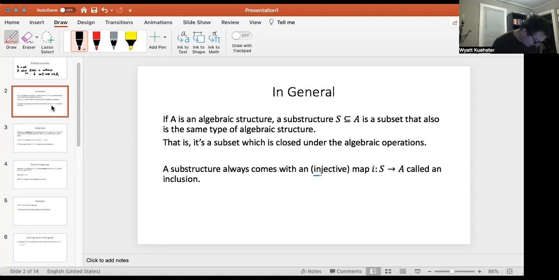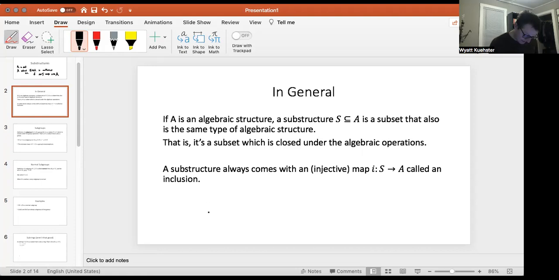Okay, so if our algebraic structures are sets imbued with some sort of algebraic operations, we can think about subsets which are also that same type of algebraic structure. And we'll see that subsets that are actually sub whatever type of object come with an injective map that we call the inclusion map.